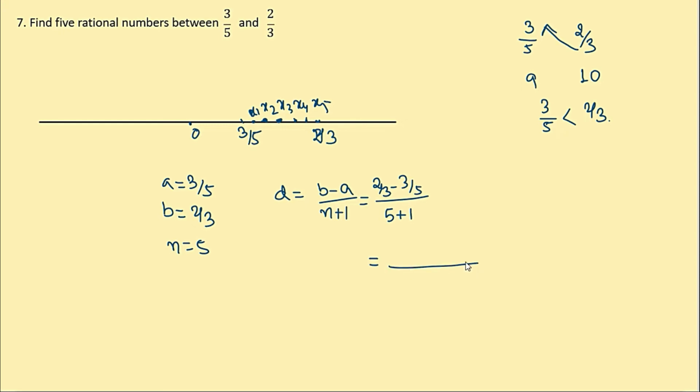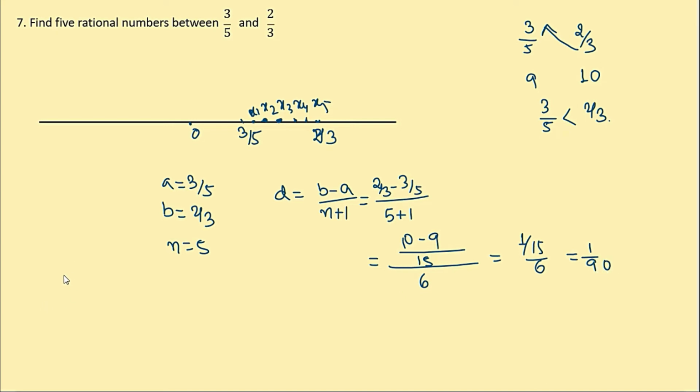So let's find the LCM. 15, 3 5s are 15, so 2 5s are 10 minus 9, and this is 6. So 1 by 15 by 6, so it comes out as 1 by 90.